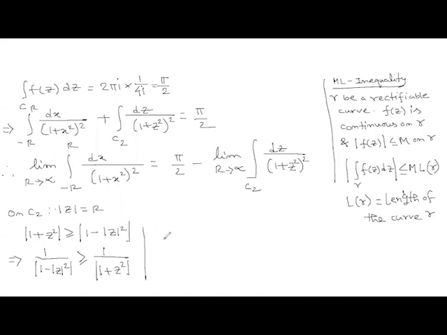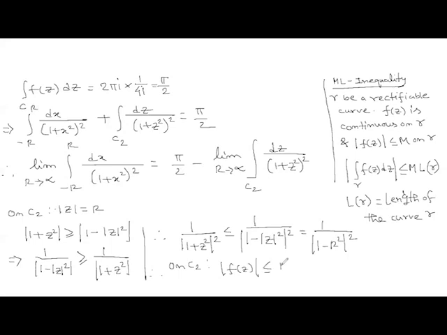So here we can see 1 by (1 plus z square) whole square is less than or equal to 1 by (1 minus mod z square) whole square. Now on C2, mod z is equal to R, so here we can write this as 1 by (1 minus R square) whole square. So here we are getting on C2, mod of f(z) is less than or equal to M, where M is equal to 1 by (1 minus R square) whole square.